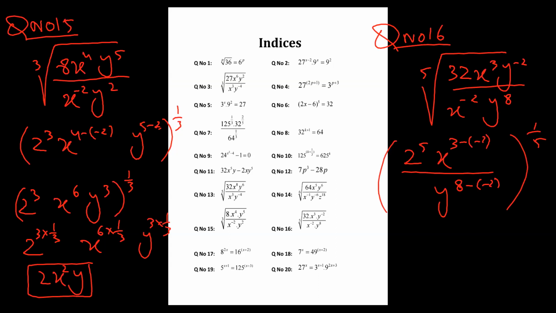Both are correct. 2 to the power 5 into 1 by 5, and this become 5, x power 5 into 1 by 5. In denominator, minus minus plus, 8 plus 2, 10. So this cancel, and 5 2s are cancelled. 2x over y square.